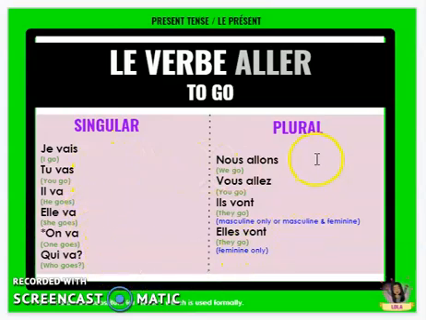There's no sort of pattern with any of this. And finally over here with ils vont and elles vont, we see that they both mean they go. Ils vont will be used with masculine only in the plural form or masculine and feminine, whereas elles vont is only used for feminine.